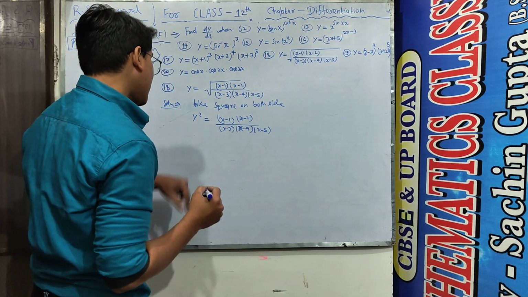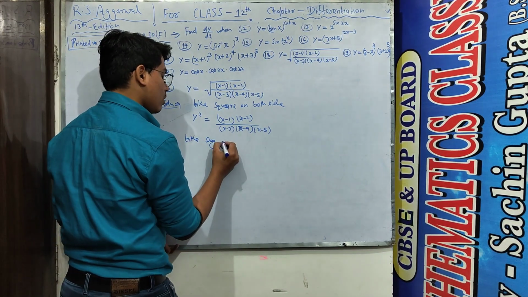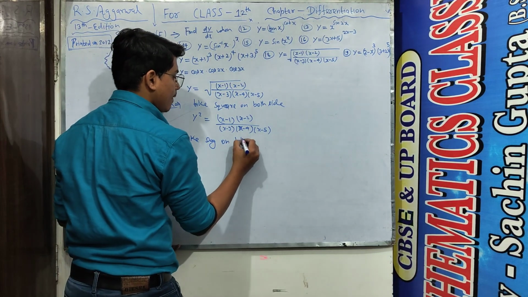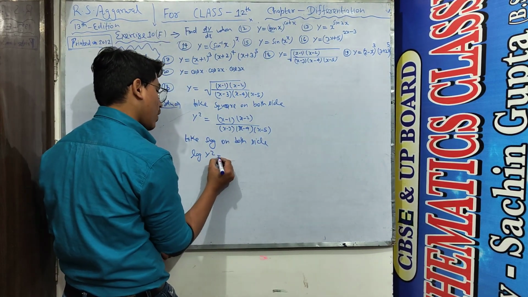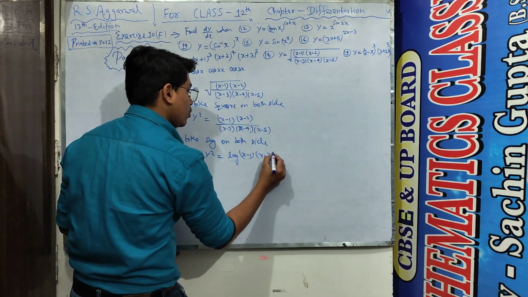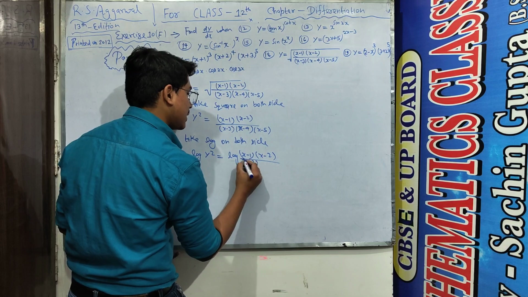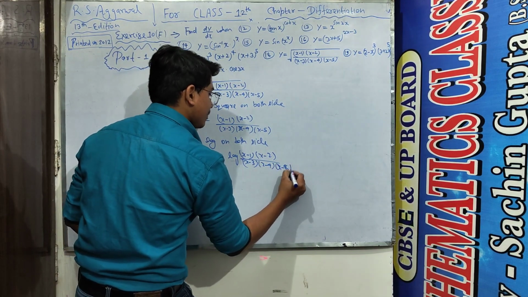Now I take log on both sides, student. So it becomes log y square is equal to log of (x minus 1)(x minus 2) whole divided by (x minus 3)(x minus 4)(x minus 5).